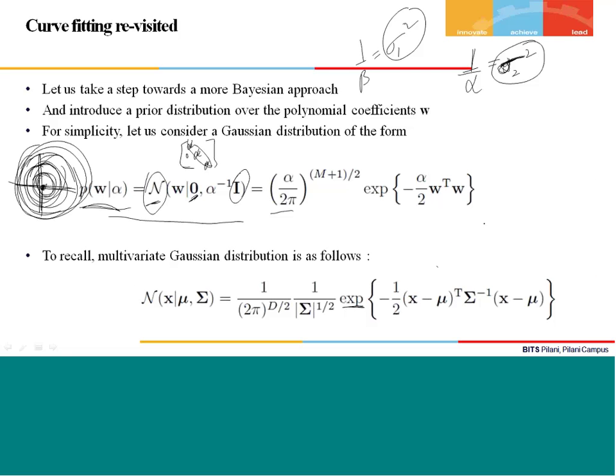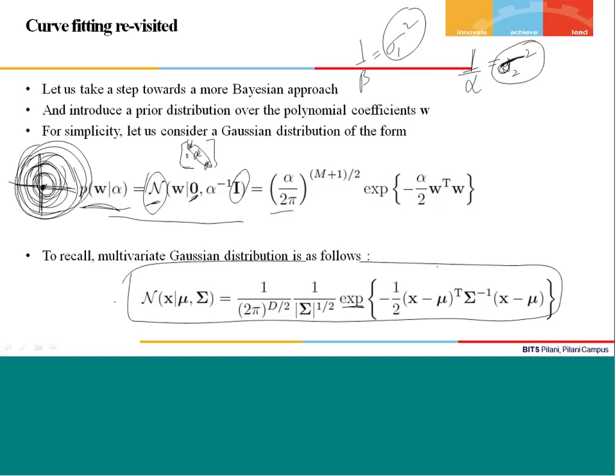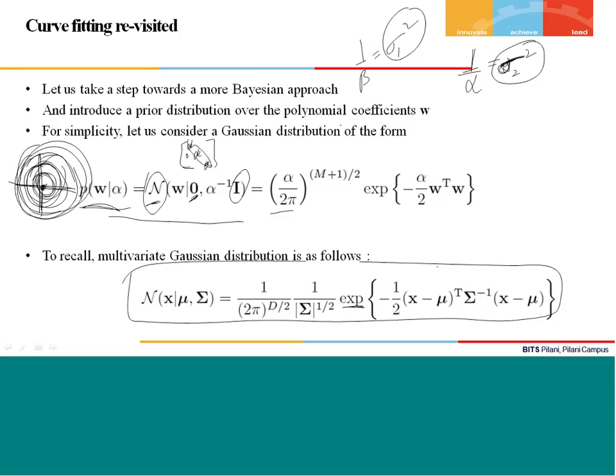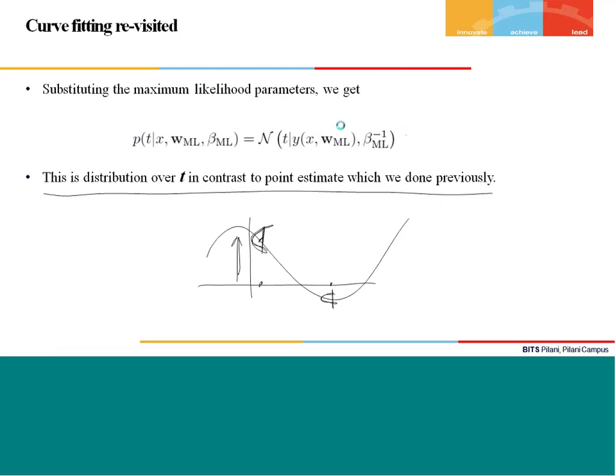Fine. So this is how generally you write the multivariate Gaussian distribution. So this was just the value we have taken from here, right?